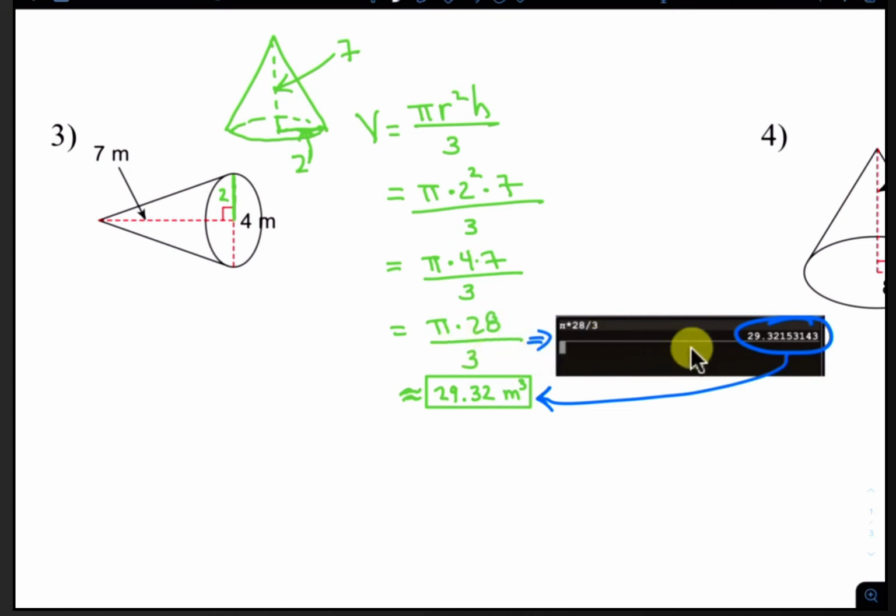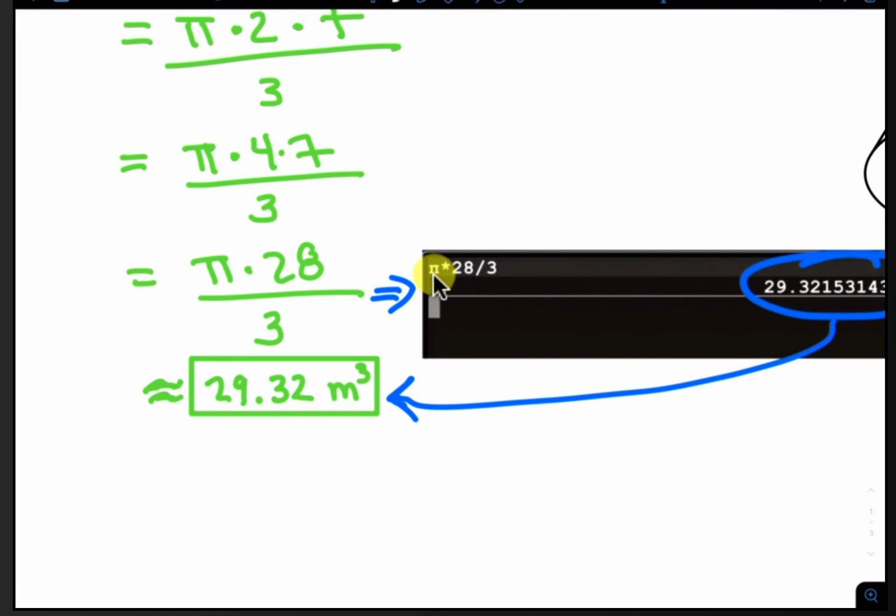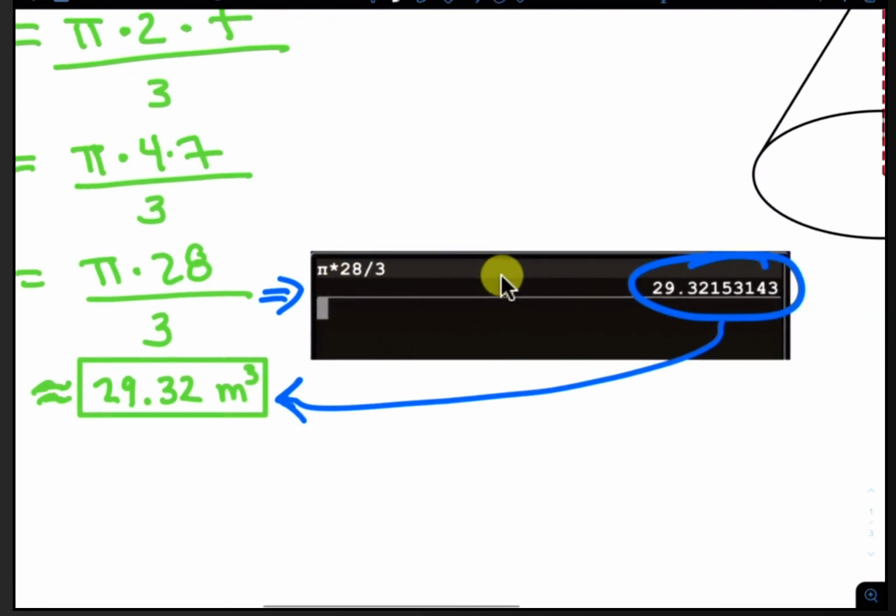I have a screenshot of my calculator, and you can see that I just typed in pi times 28 divided by 3, and it gives me this decimal answer here. We round that to the nearest hundredth, and that comes out to be 29.32. So the volume of the cone is approximately 29.32 meters cubed.